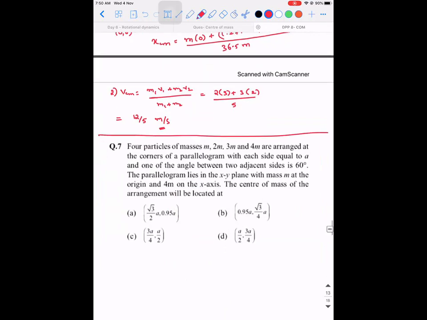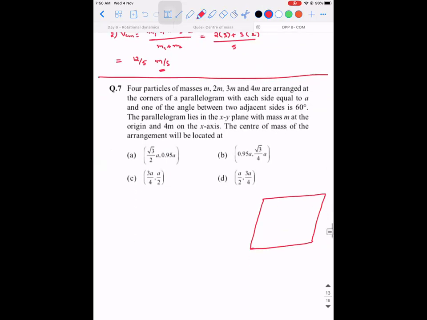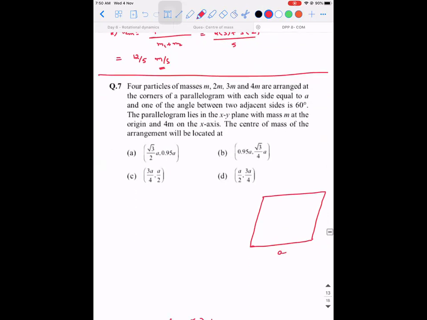So four particles of mass m, 2m, 3m, and 4m are arranged at the corners of a parallelogram. Each side of the parallelogram is A. The angle between the sides is 60 degrees. The parallelogram lies in the xy plane with m at the origin.